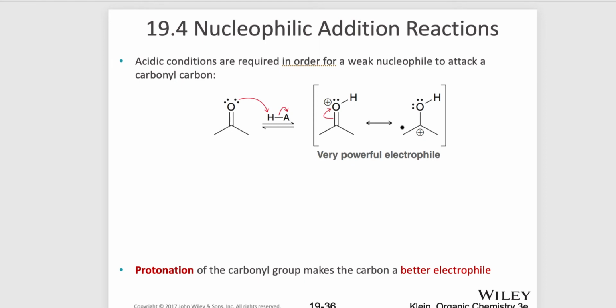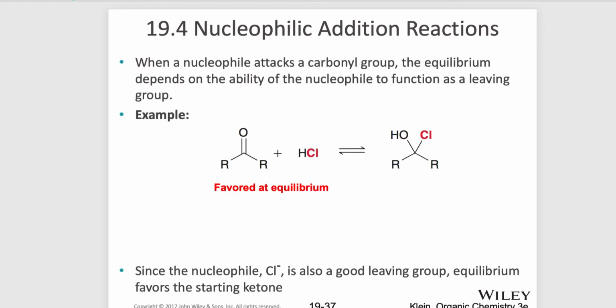This is actually a resonance form where we can then look at the positive charge being moved onto the carbon atom. So, protonation, meaning addition of H plus, makes the carbon a better electrophile and activates it for a nucleophilic attack.